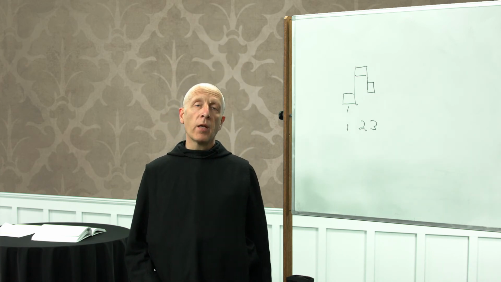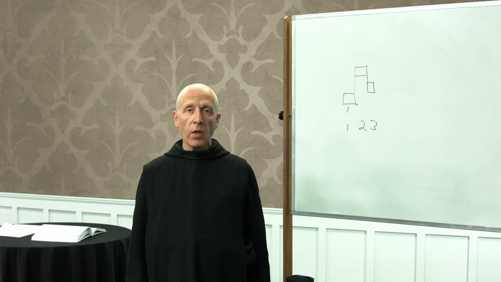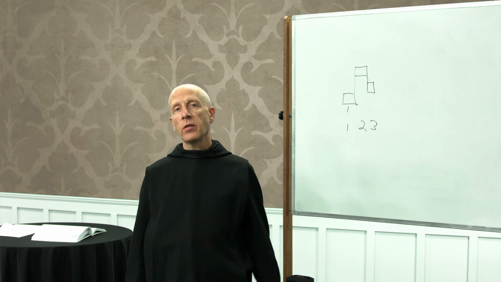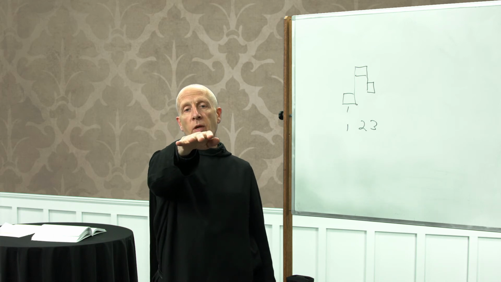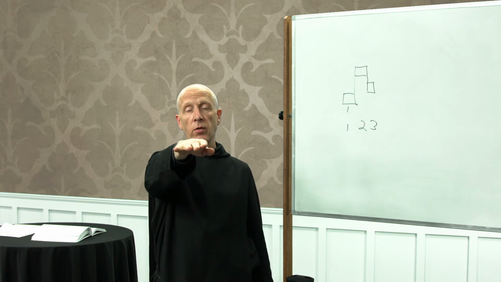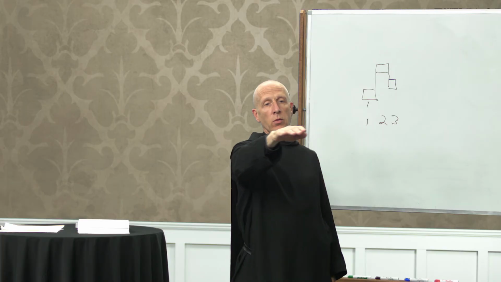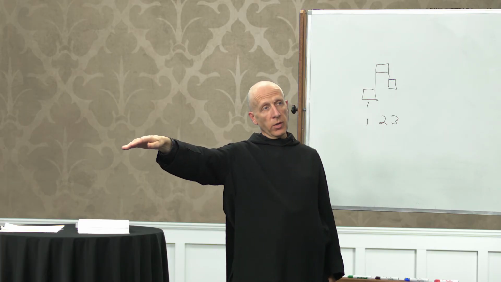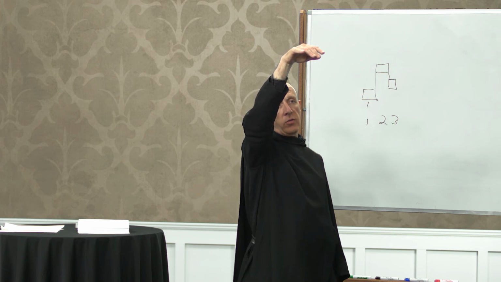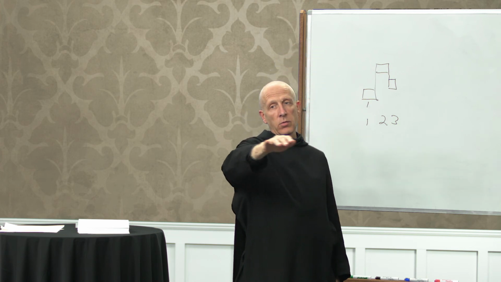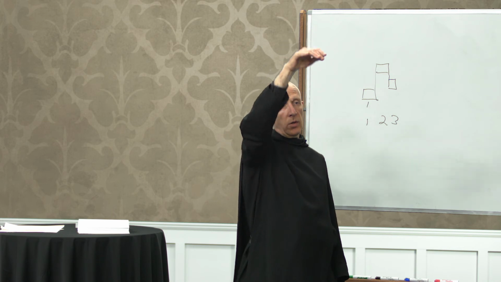Okay. Now the ternary gesture. The ternary gesture, one hand. I'll do it first of all with my right hand. 1, beginning position. 2, out here. 3. So it's half the two-handed gesture. 1, 2, 3.